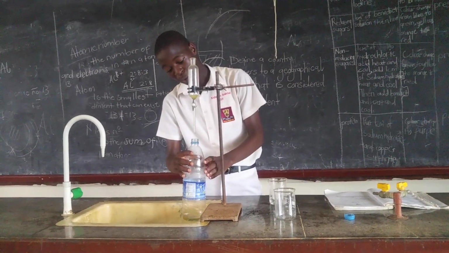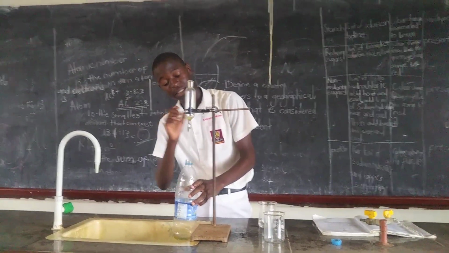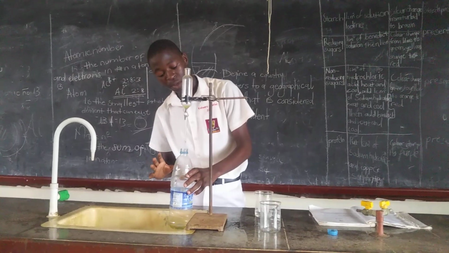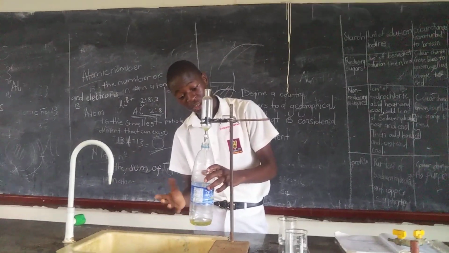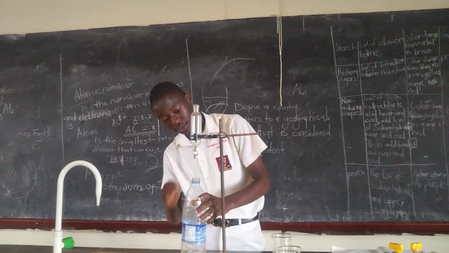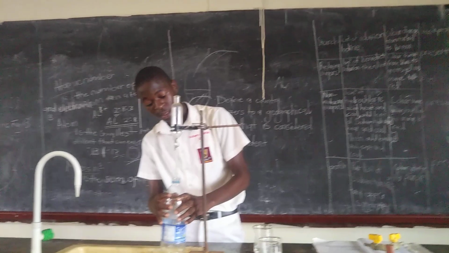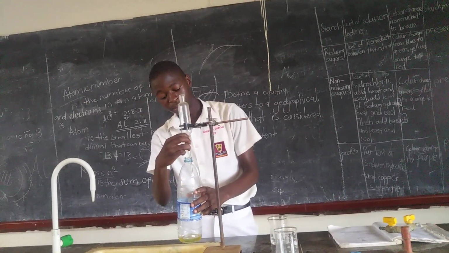Our cooking oil is plain, yet we mixed them and separated them. So you can still use this cooking oil for cooking, frying, and all the other stuff. As you can see, the cooking oil is now out of our filtering funnel.